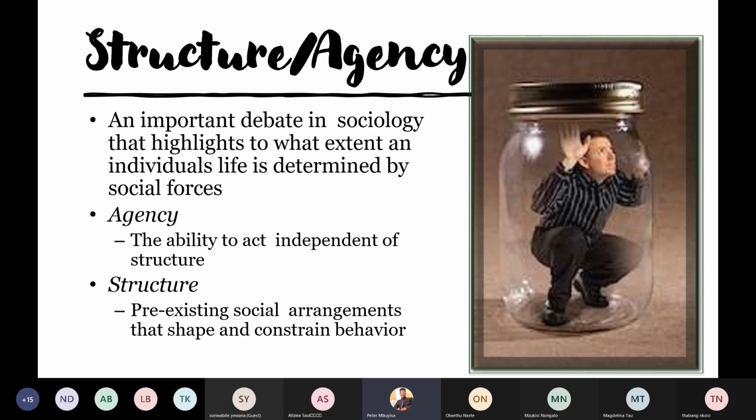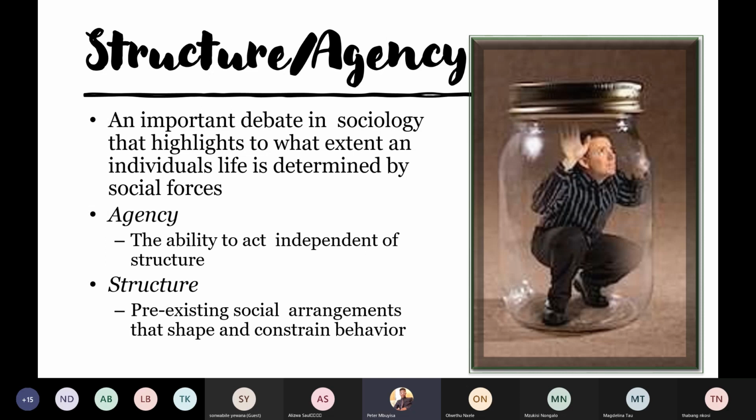Now we said social stratification just looks at broader arrangements of society. In a structural sense, it's important to understand the relationship between structure and agent. And what does that mean?